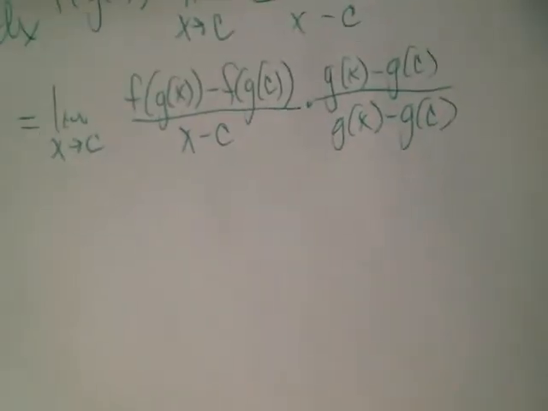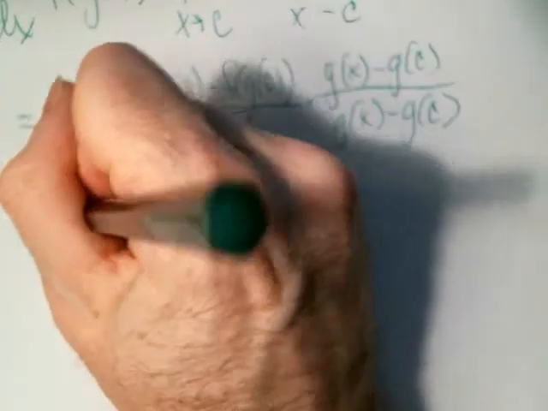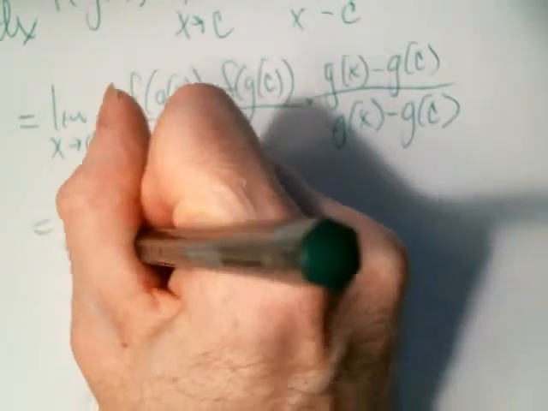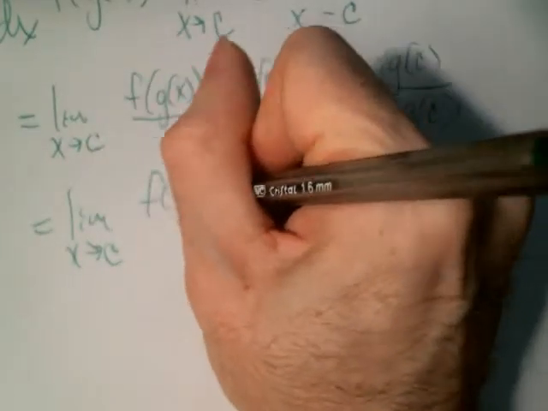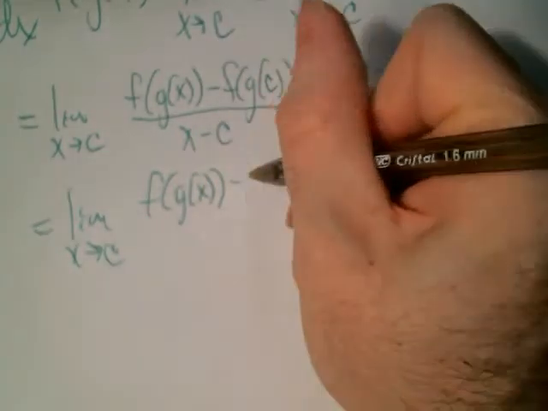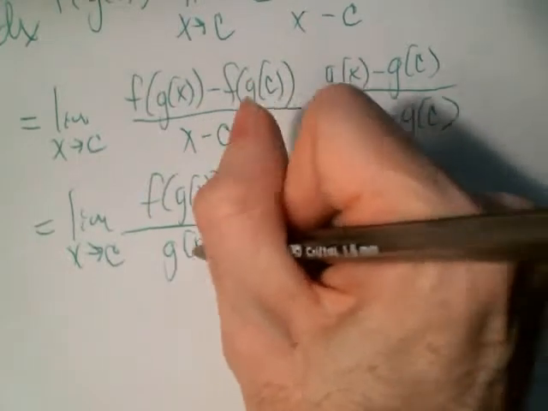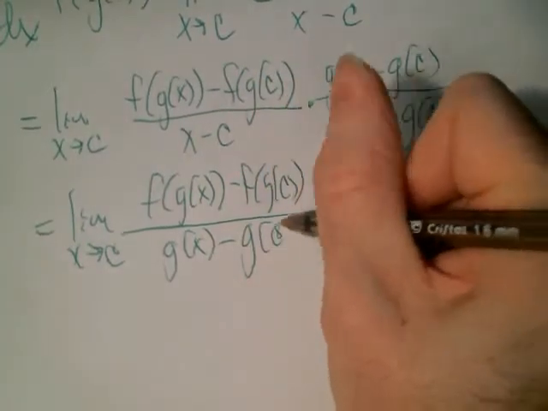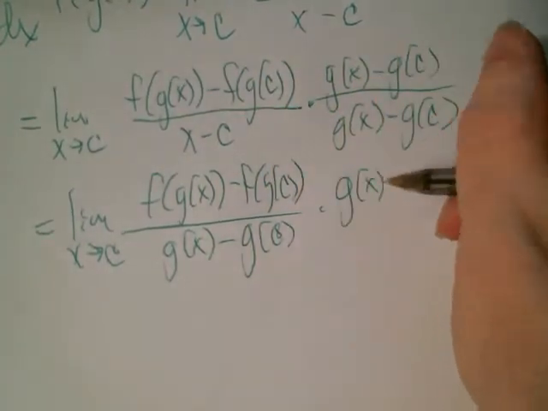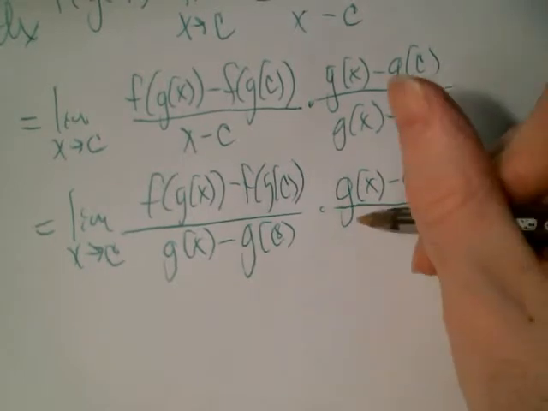And then we could do some fancy footwork here and rewrite this as the limit as x goes to c of f of g of x minus f of g of c all over g of x minus g of c times g of x minus g of c all over x minus c.